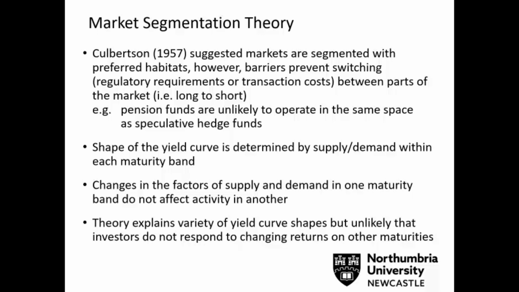yield curve. So if we think about a positive yield curve, upward sloping, and we break that into short term, medium, long term, then when economic conditions start to change, it starts moving from upward sloping to flat and humped. Well, this happens because supply and demand along the yield curve changes.